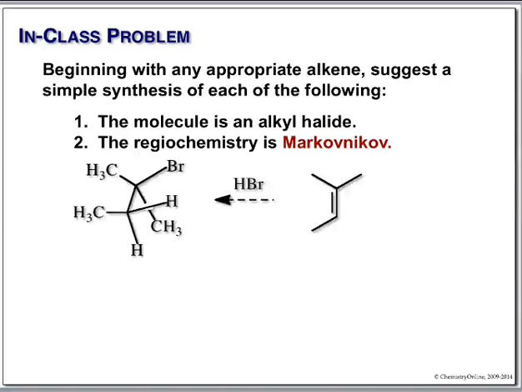Well, this one is simple. I just put my double bond here, and I'm going to add HBr. With HBr, the bromine will go to the Markovnikov carbon, hydrogen will go here.